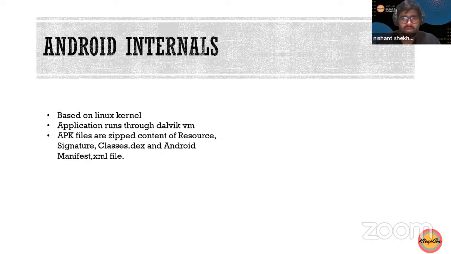The combination of all these files makes an APK file. Every one of these files has a very useful purpose, and without these files, the APK will not exist. So that's the whole concept of having so many different types of files in an APK.